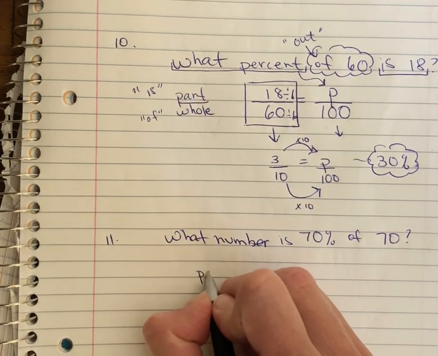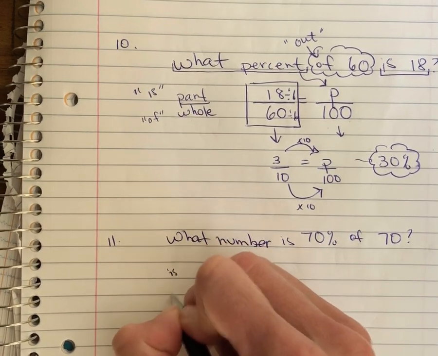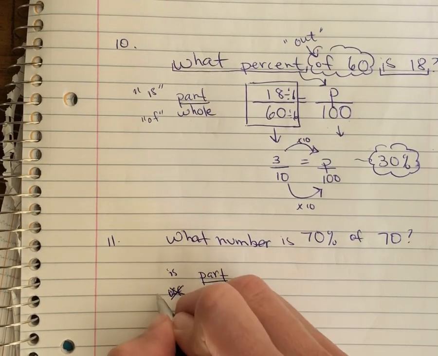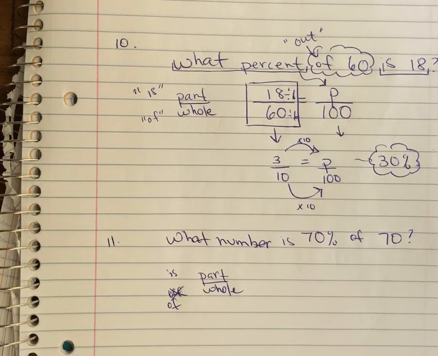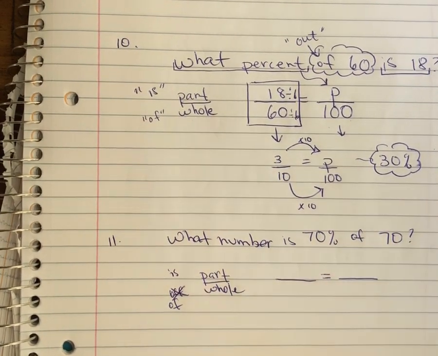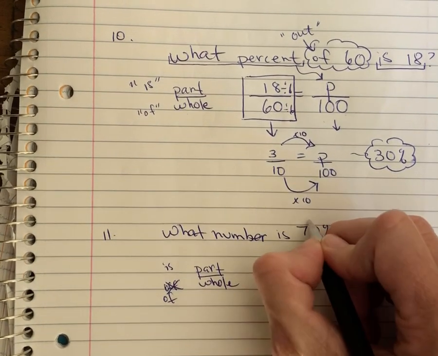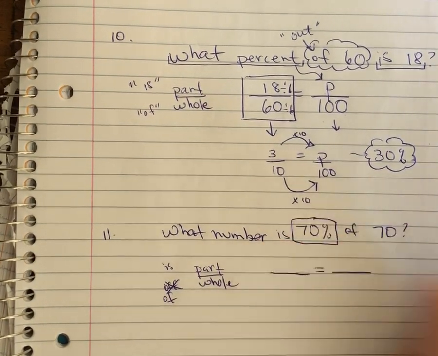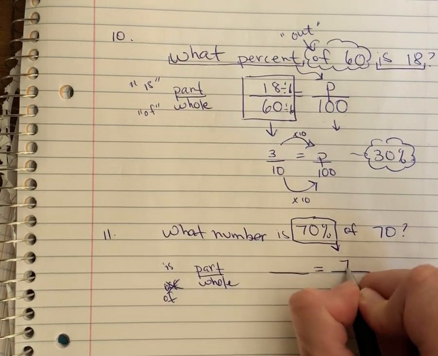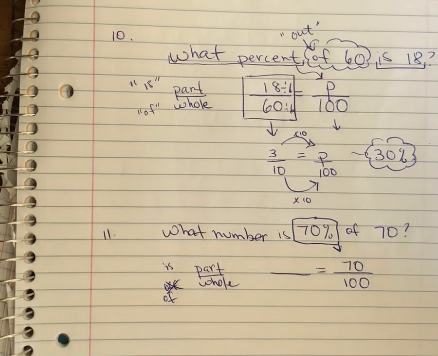So percents are part to whole ratios. Our guiding words to help us, our little cheat words, are is and of. Oops, I put off. Whoopsies. Is and of, okay? And then I'm gonna set up a proportion which shows two ratios are equal. And then I'm gonna start by filling in what I know. The first thing I notice is it gives us our percent. So I'm gonna fill that in right away. No matter what the percent is, they're always out of 100 every single time, okay?